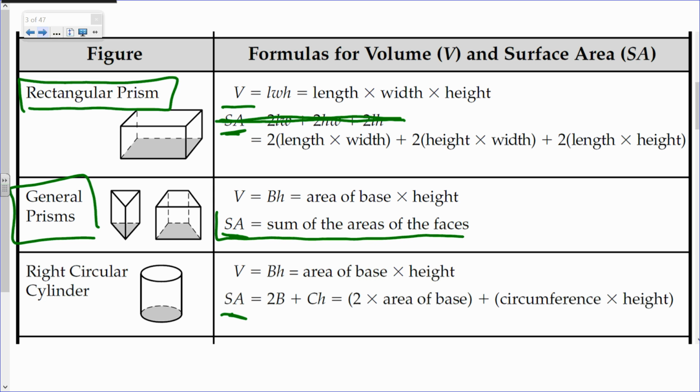Anytime you run into a prism, I want you to use this formula, and this is the one we used yesterday for example 1. Recall we took the top and bottom face, left and right face, and front and back face. That's how we found the surface area of the prism from yesterday if you were here. If not, you can watch the video later. Okay?